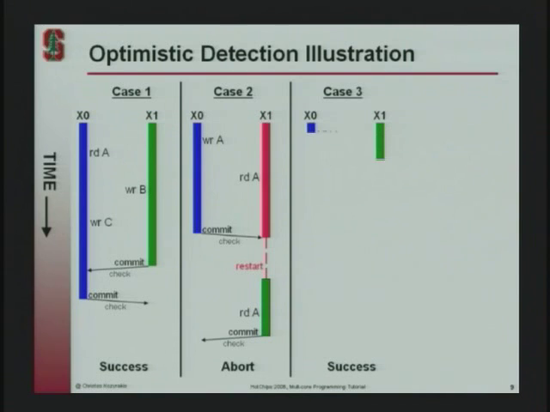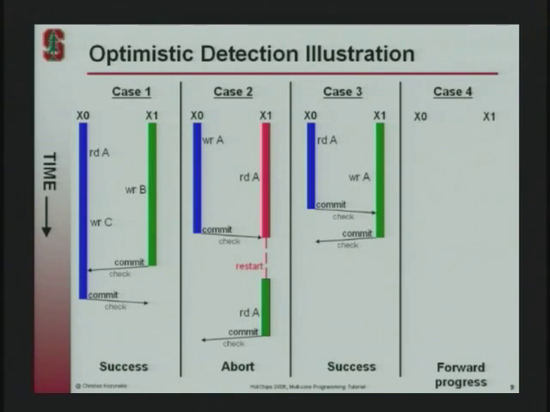On the other hand, in case 3, we have it the other way around. When transaction 0 tries to commit, we catch the conflict. But in this case, we can commit transaction 0 without ever aborting transaction 1. If we do that, it will seem as if transaction 0 fully executed before transaction 1. So pessimistic conflict detection got an abort here, while optimistic basically finished successfully.